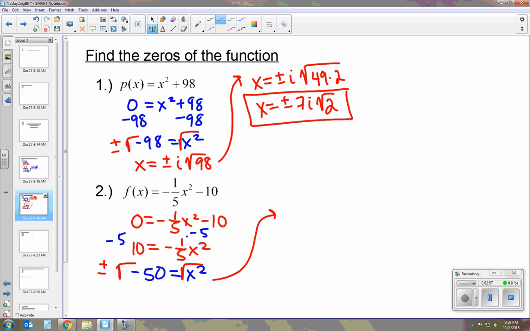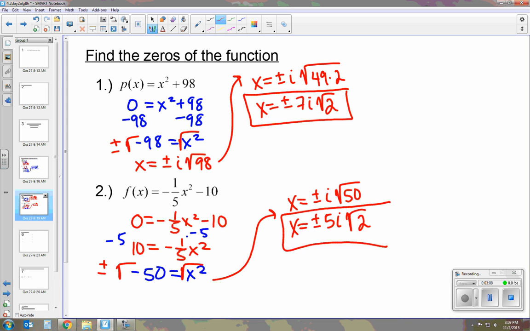So we have x equals plus or minus i square roots of 50. Simplify that 50, which gives us 5i square roots of 2. So we're just combining our knowledge of the value of i and simplifying our radicals.